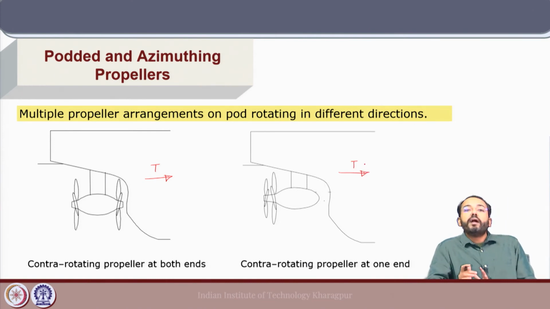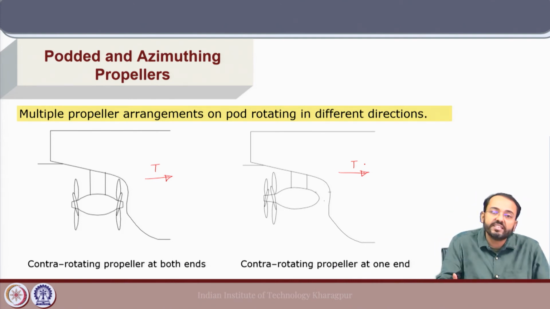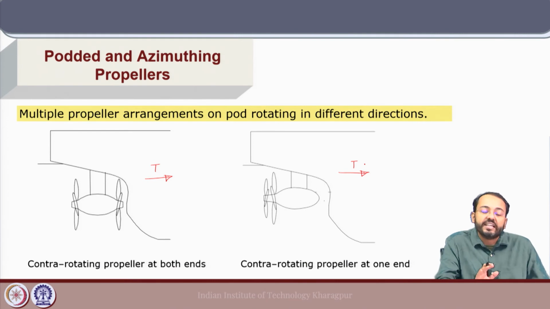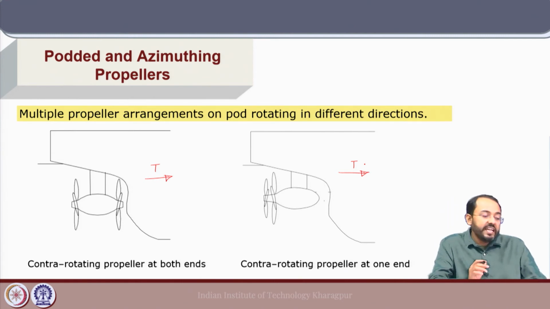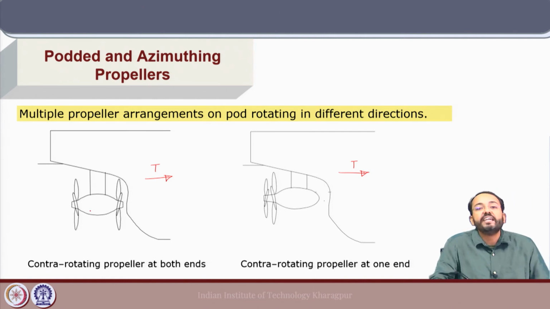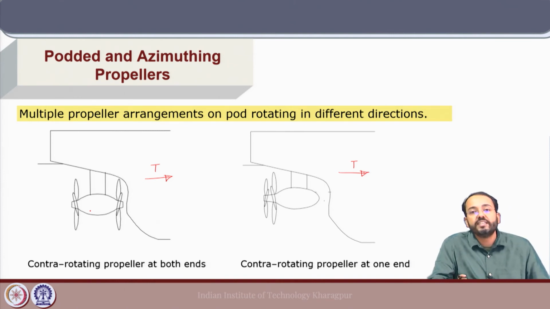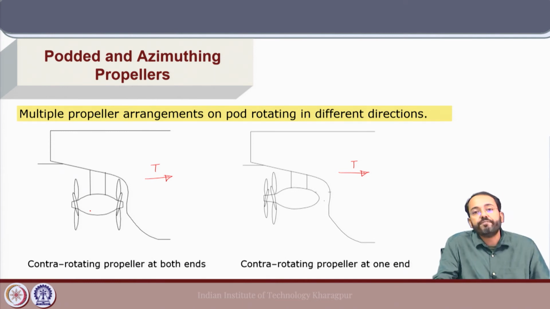Now, details on multiple propeller configurations including contra-rotating and tandem propellers will be discussed later in the course. Here, the concept of multiple propellers on a pod is shown in respect of podded propellers. That means, we can have a pod designed in such a way that it can accommodate two propellers either at one end or at the two ends, providing thrust, and this can be used for providing high efficiency for certain operation conditions.